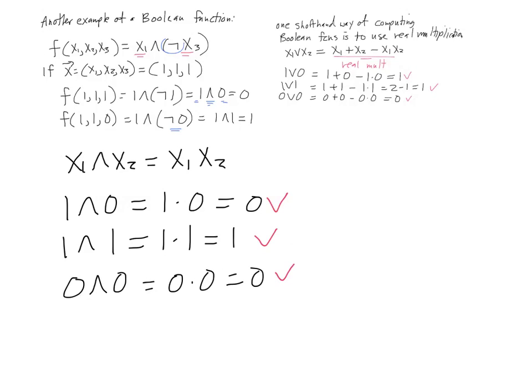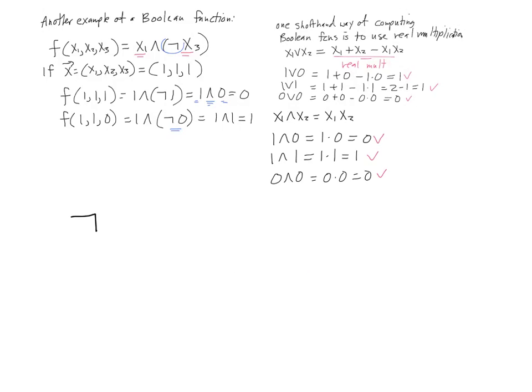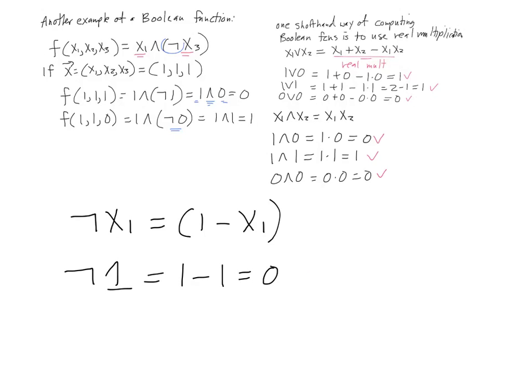And the only other one we need to be careful when constructing is the not operator. So we say that not x1 is equal to 1 minus x1. So notice here, not 1 is 1 minus 1, or 0, which is what we expect, and not 0 is 1 minus 0, which is 1, which we expect.